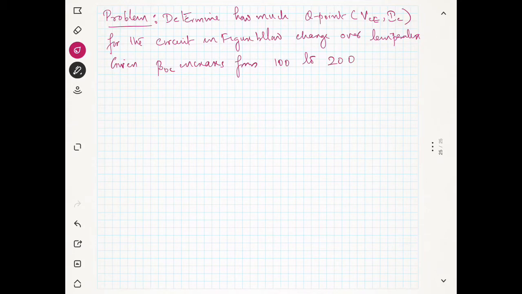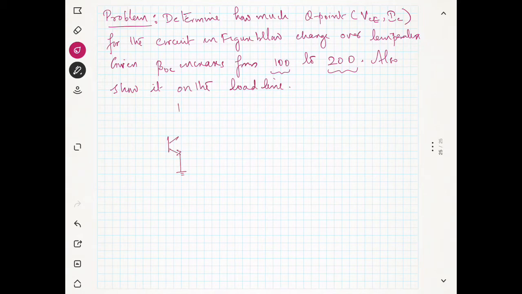So you can see here the beta DC is changing from 100 to 200. Okay, and also show it on the load line. We want to show it on the load line, and the circuit is given.